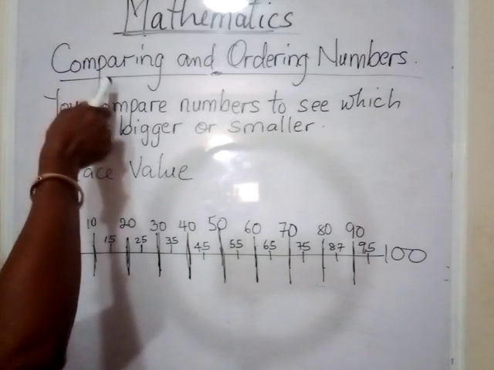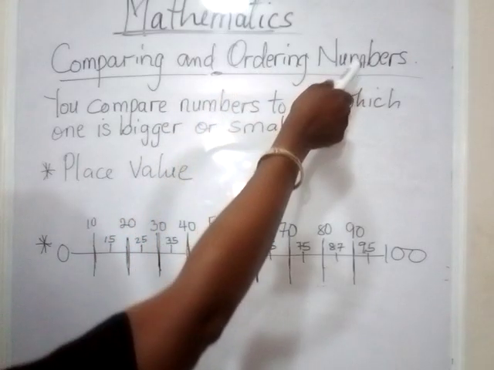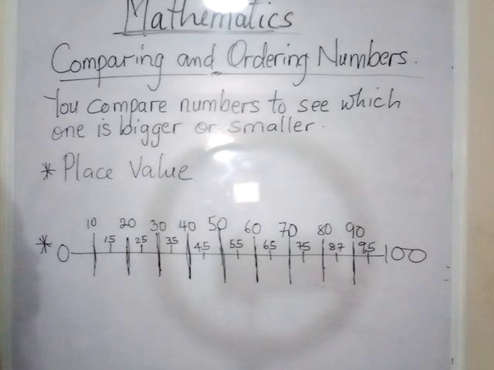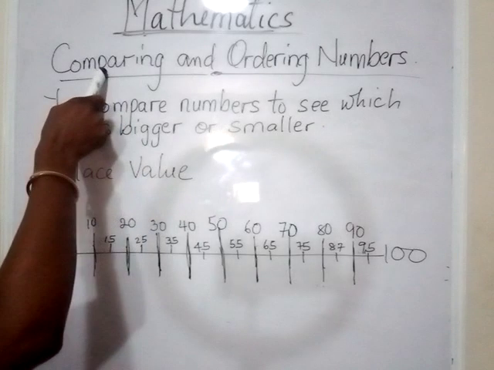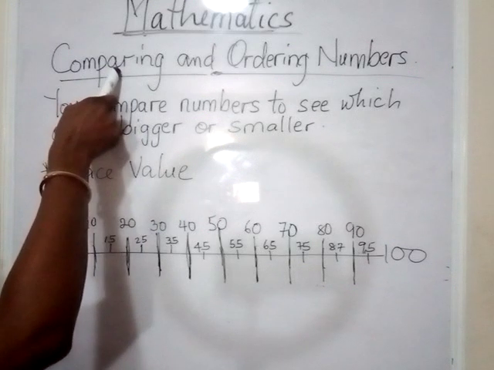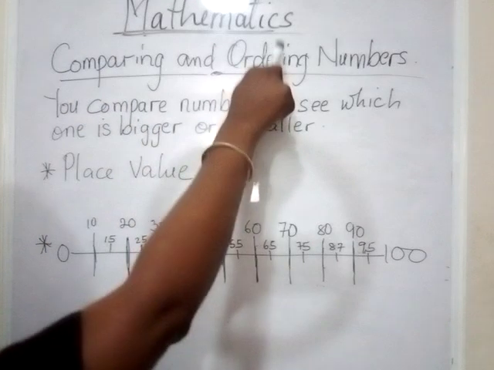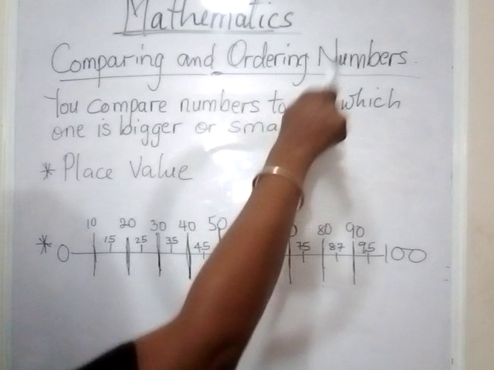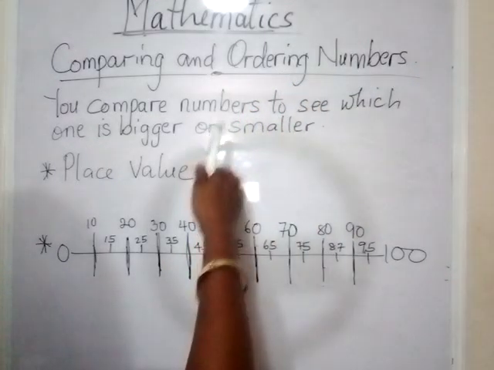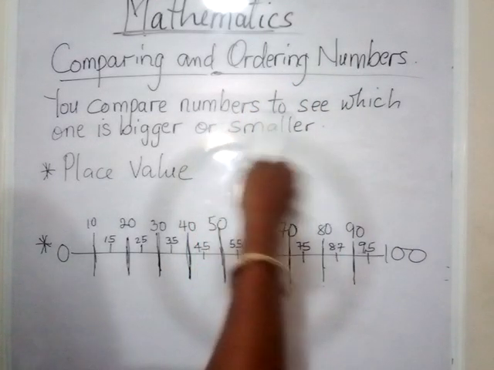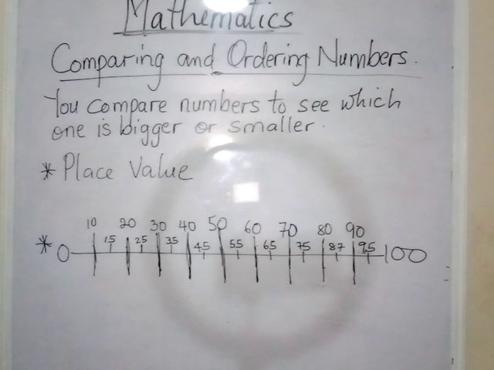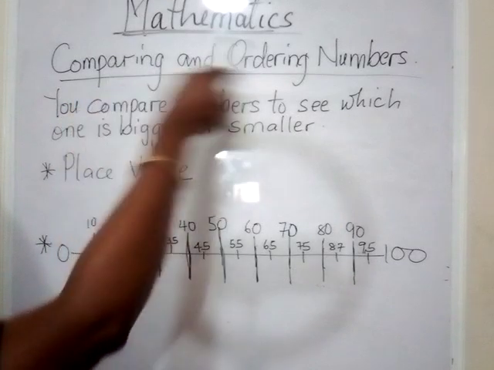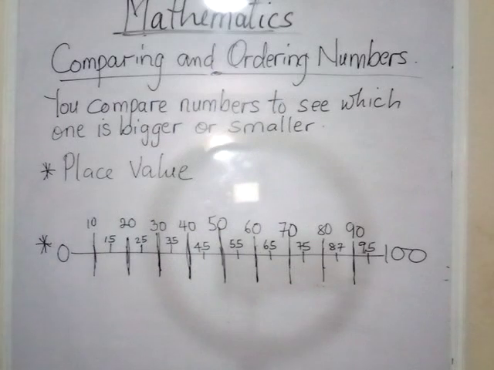Without comparing numbers, there is no way you can order them correctly. If you don't know which number is bigger or smaller through comparing, you cannot arrange them correctly. So that is the relationship between comparing numbers and ordering numbers.